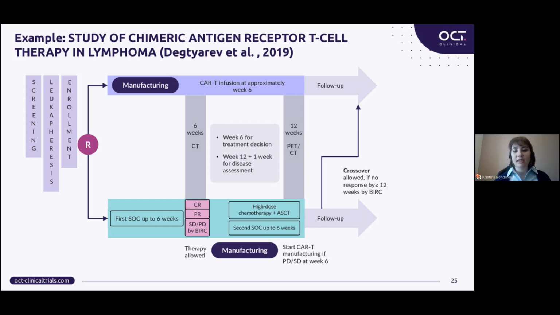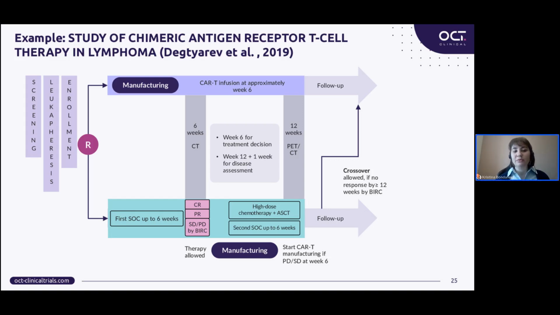It is possible that the patient would attain remission, or that the patient's health status would worsen, or that manufacturing would fail, and CAR T administration would be delayed or cancelled.